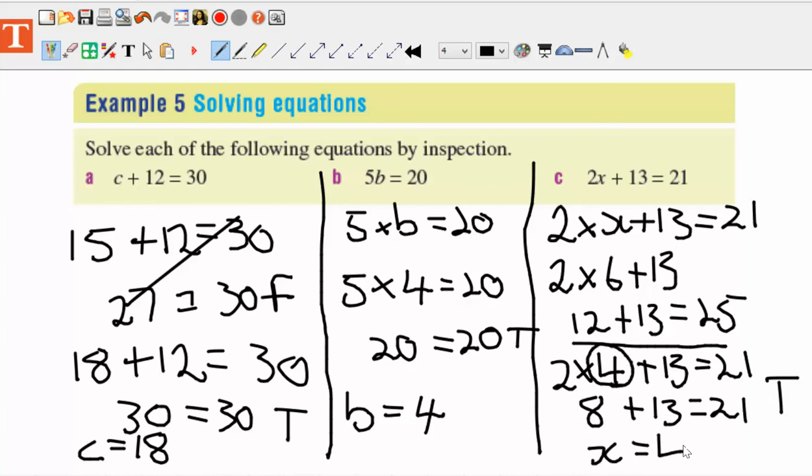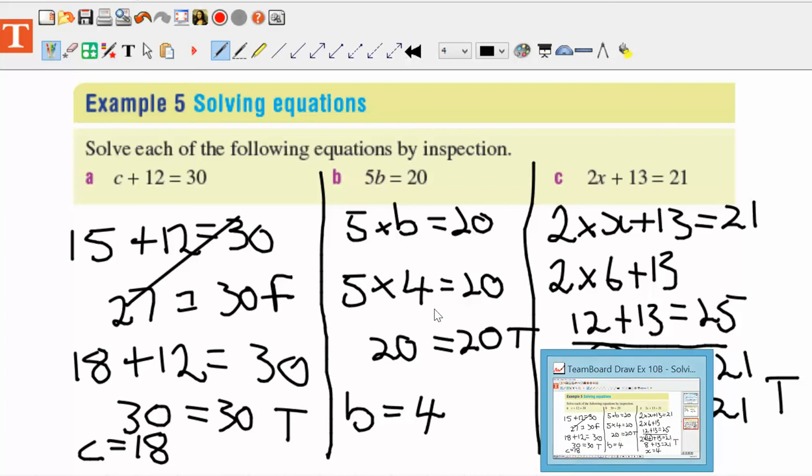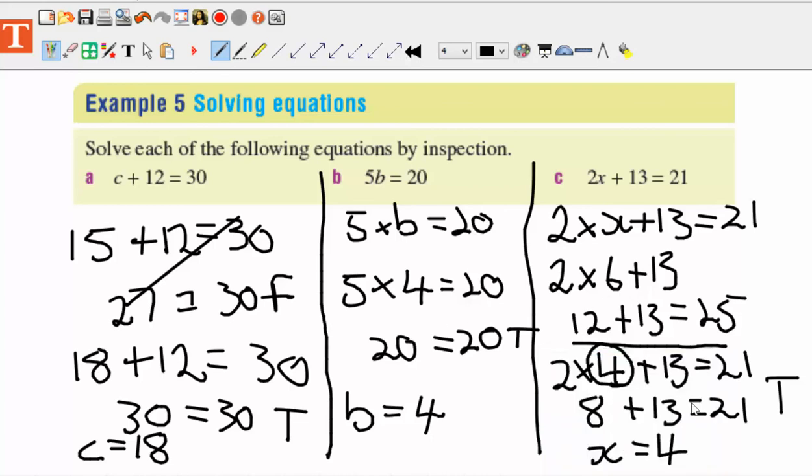Actually, I'm going to fix that one up. 8 plus 13 is 21, which also equals 21 on the right side. So that must mean x equals 4. I'll set it out that way, it makes it look a little bit clearer.